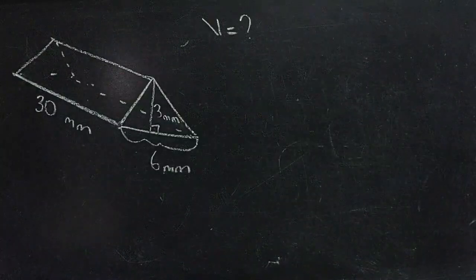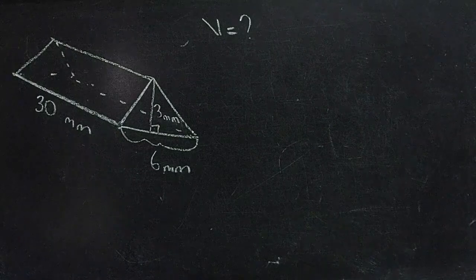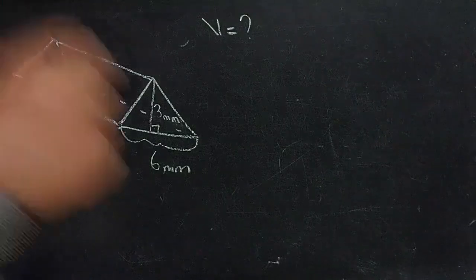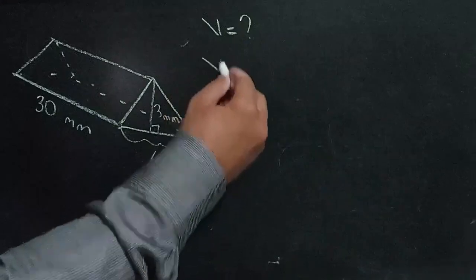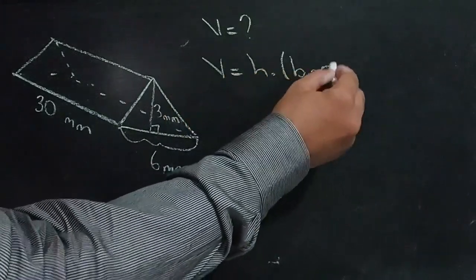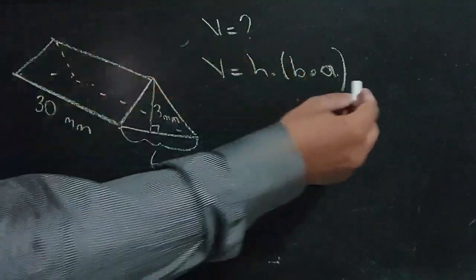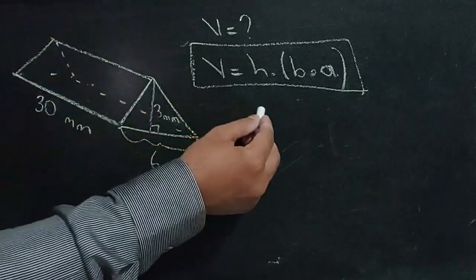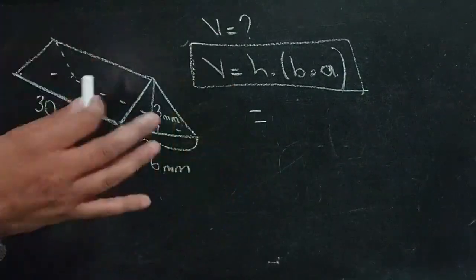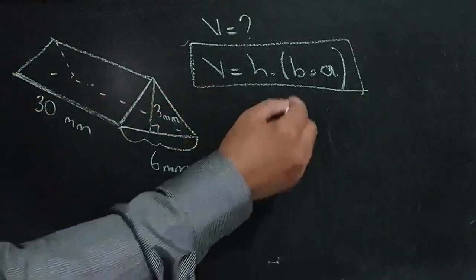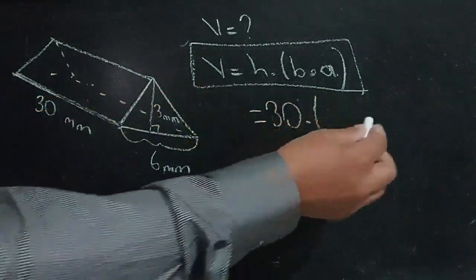Alright, now we have a triangular prism. For triangular prism, students are generally confusing the formula. The formula, yes, was height times base area of the shape. Nothing is going to change from there. So height for the prism is this. So that will be 30 times base area.